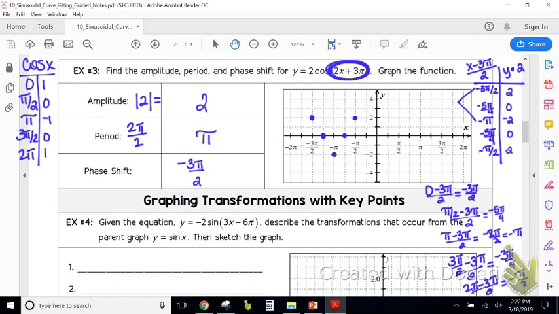Now, does my graph stop there? No, it keeps going. So we can draw this in, but let's go ahead and graph this from negative 2 pi to positive 2 pi.